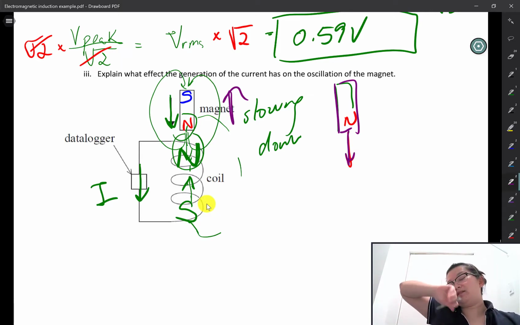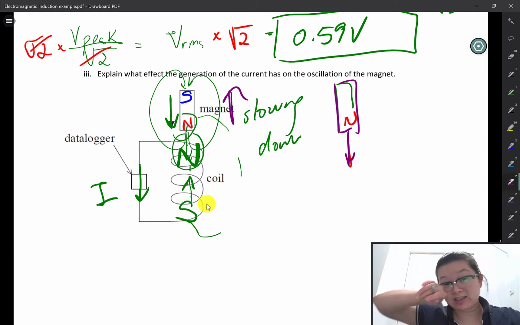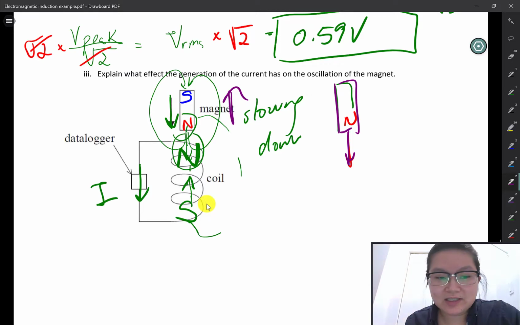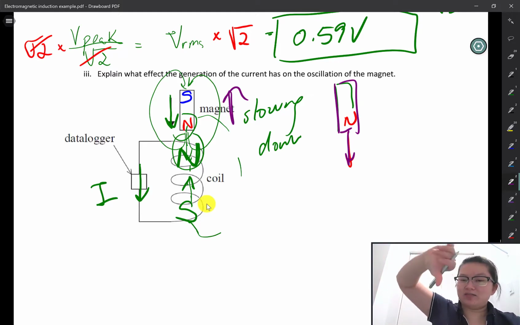But in this case, it is decreasing as it is moving further away. So to compensate for that decrease, the current induced has to be produced so that the magnetic field produced by the induction is also in the downwards direction to compensate for that loss.